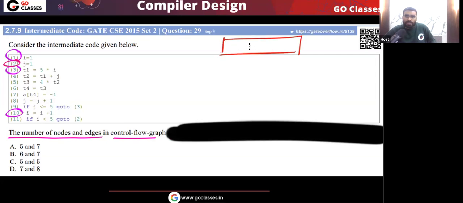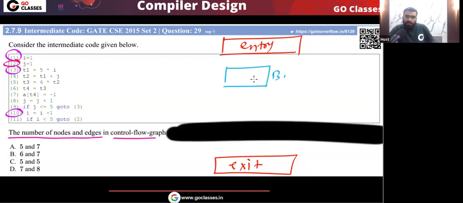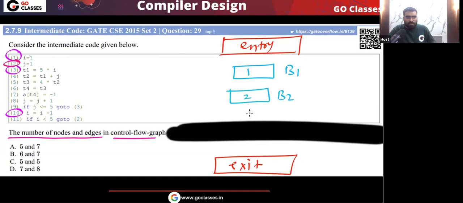Remember, there is a special node, the entry node, and a special node, the exit node. So these are the special nodes. There is a basic block B1, which has instruction number 1. There is a basic block B2, which has instruction number 2.